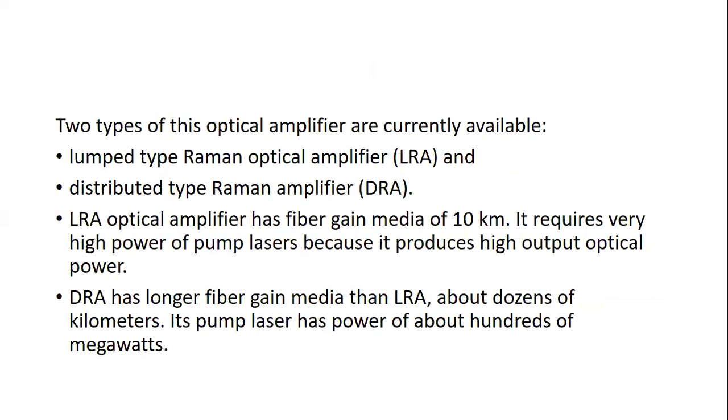This optical amplifier can be used in two ways, lumped type and distributed type. In the LRA type, the gain optical fiber has a fiber gain medium of 10 kilometers, it requires very high pump laser power, and it produces high optical output power.